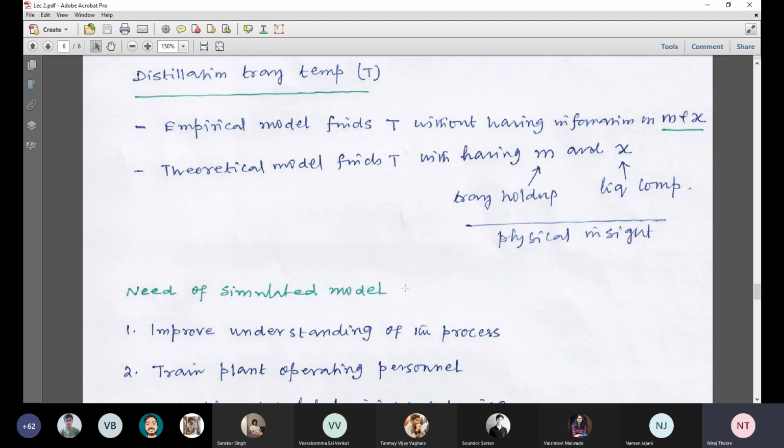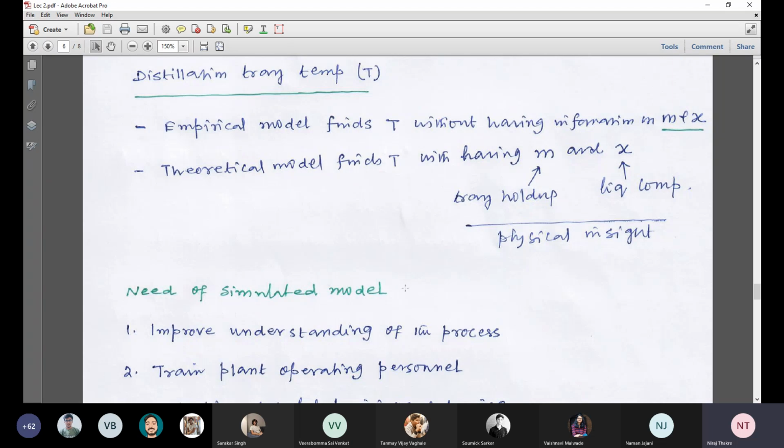I repeat, when you join the process industry, at first you are provided training for maybe 6 months or 1 year, and during that period you are called trainee engineers. You visit the plants and see the operation, etc.